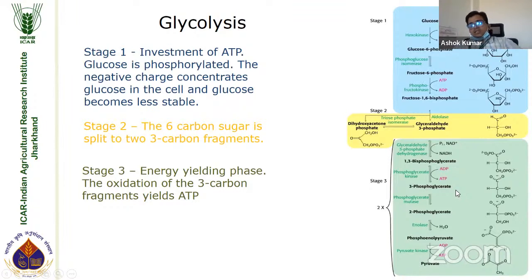The 3-phosphoglycerate will be mutated to 2-phosphoglycerate, and further action of enolase and pyruvate kinase will lead to the production of pyruvate. Pyruvate is the final product of glycolysis. This has several effects we discussed in the earlier slide.